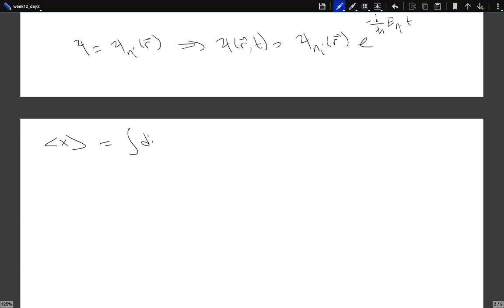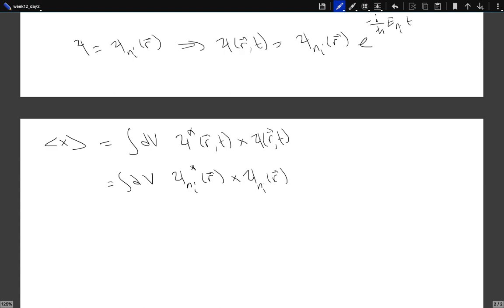This will be the integral over all volume of psi star of r and t, times x, times psi of r and t, which is psi n star of r times x times psi n of r.